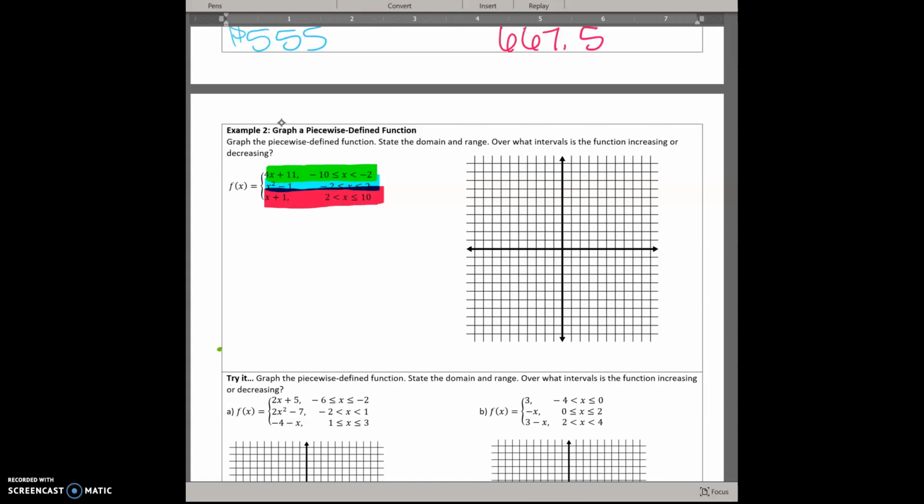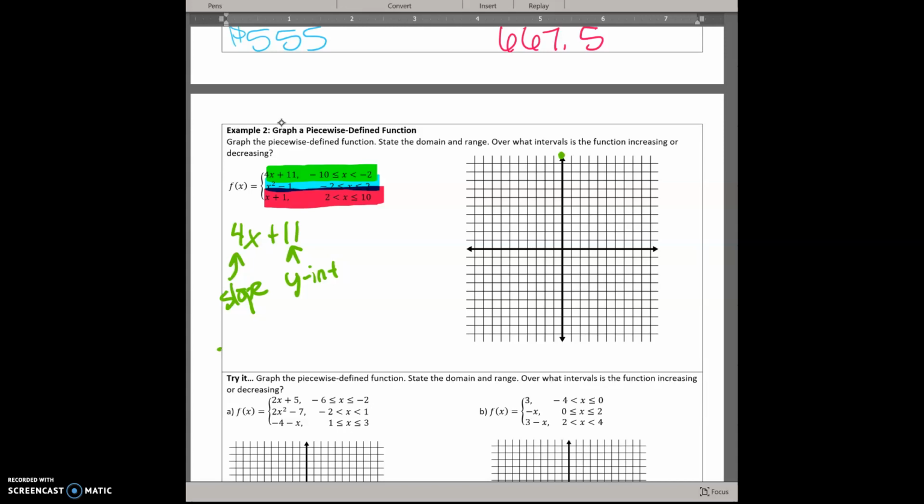So I have 4x plus 11. So remember that if we're looking at this, I start at 11. This is my y-intercept. And then my slope is 4. So if I start up at 11, which is right here, and then I would go up 4 over 4.